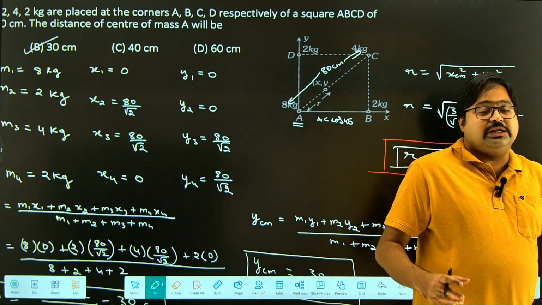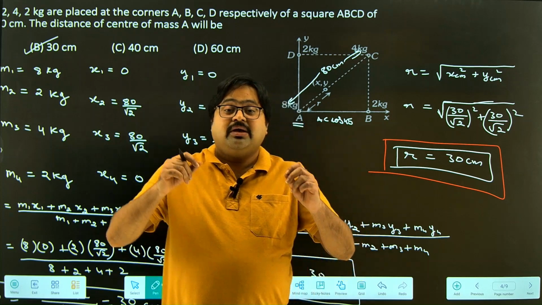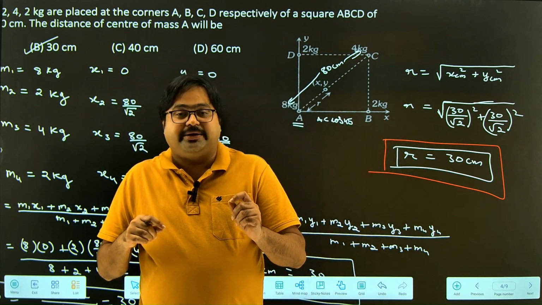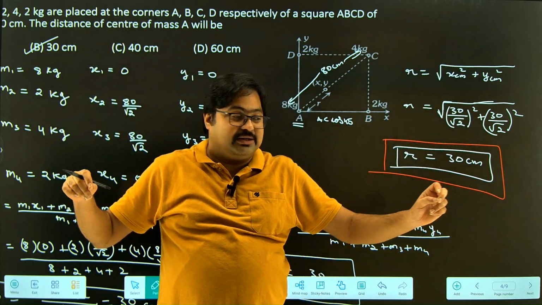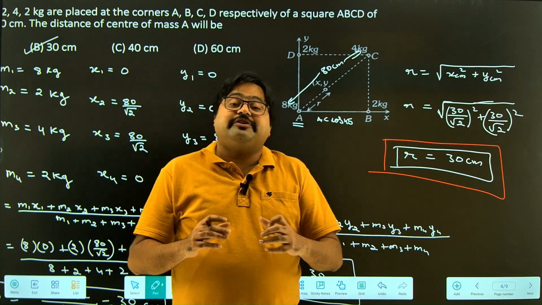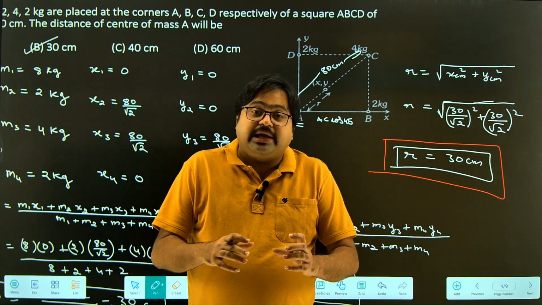Well, now what if the mass there is not discrete? Discrete meaning distributed in a manner where there are tiny particles at specific locations, just like in this question. What if it's not like that? What if it's a continuous body, like a rod or like a sphere?